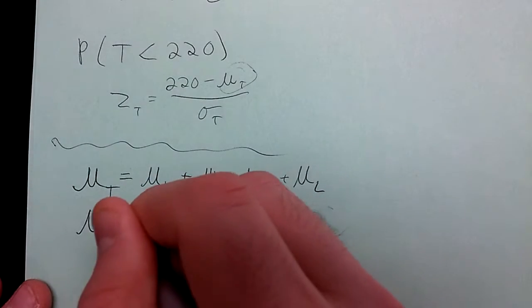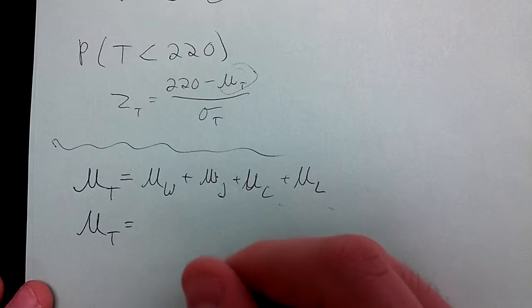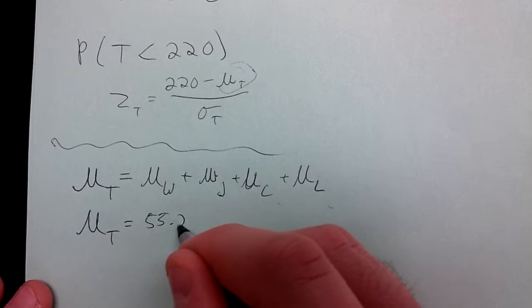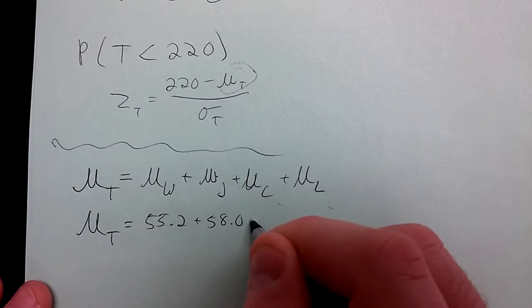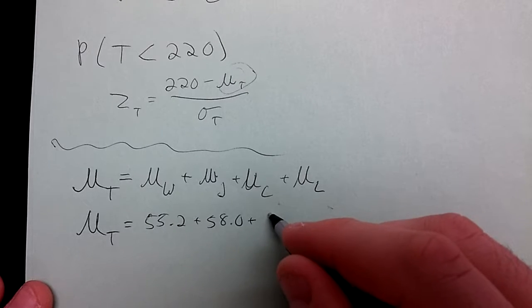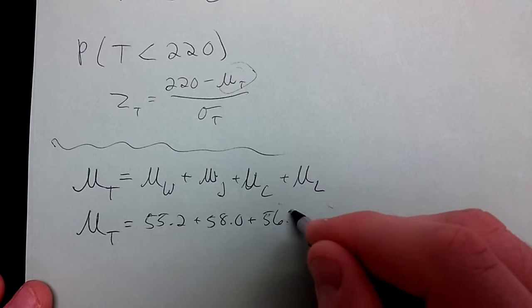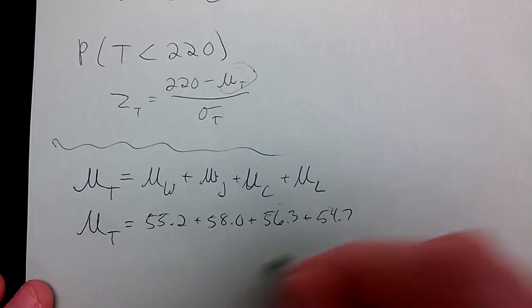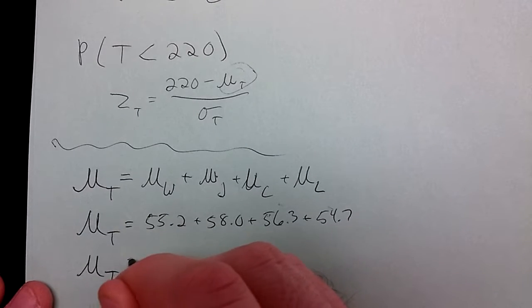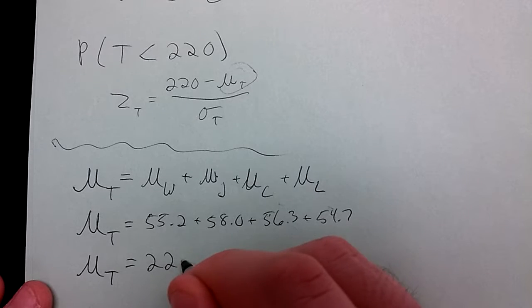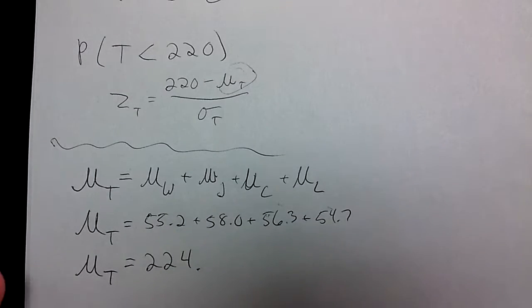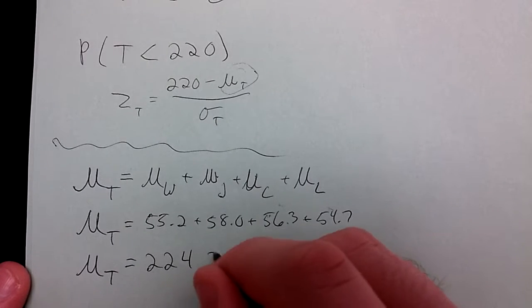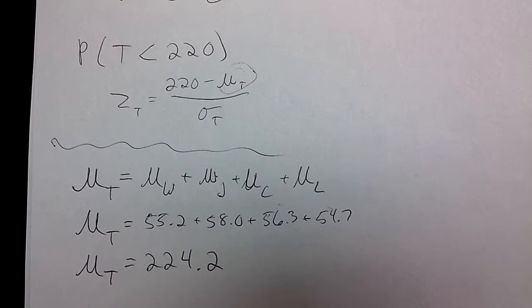So the mean of the total is going to be 55.2 plus 58.0 plus 56.3 plus 54.7. So my mean total is 224.2. So average time is 224.2 seconds total.